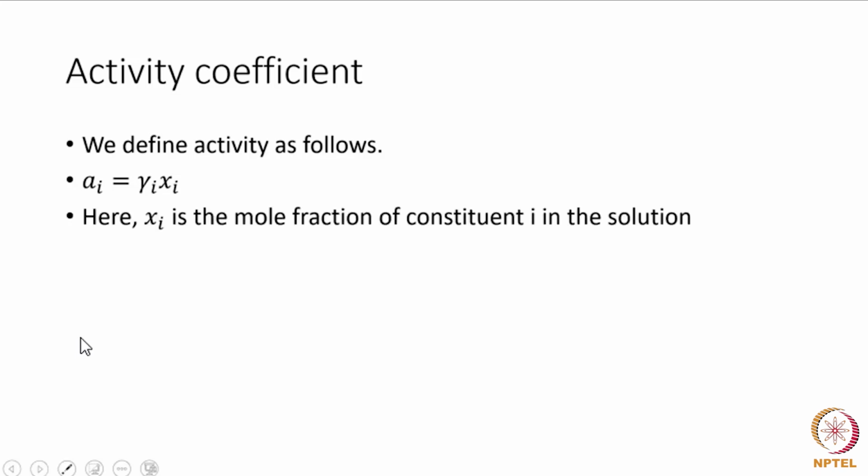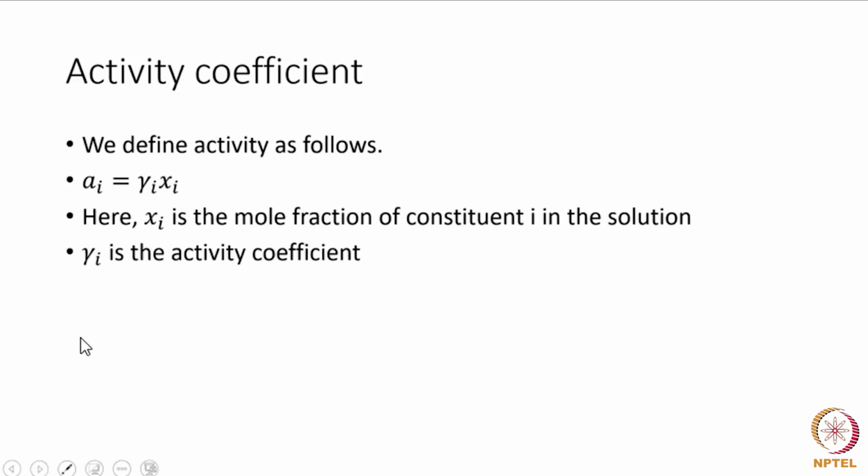And we expand this activity to include the mole fraction using the activity coefficient. That is, Ai is equal to gamma I xi, where gamma I is the activity coefficient and xi is the mole fraction of the constituent I in the solution.